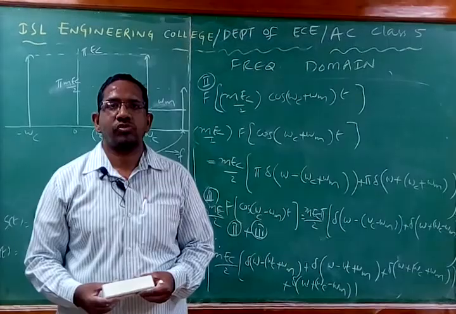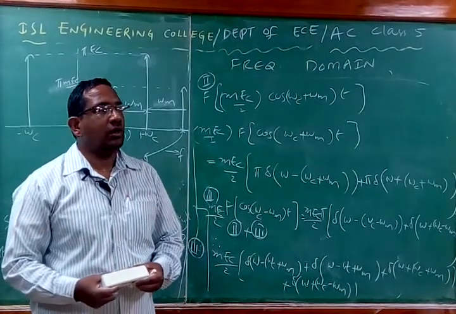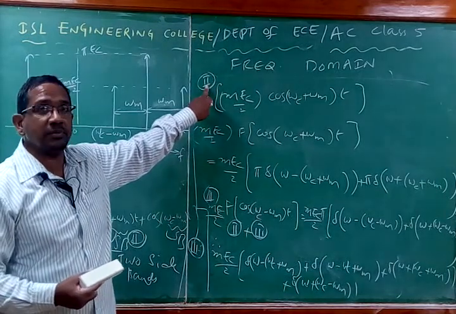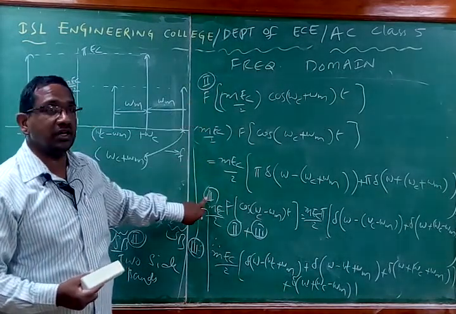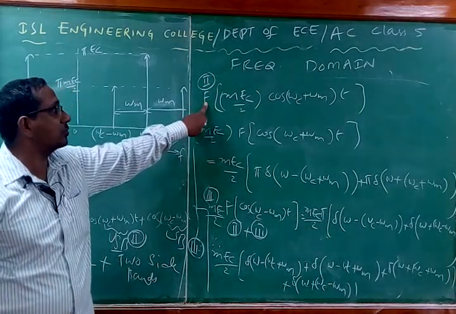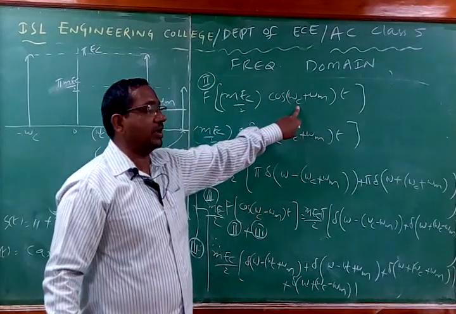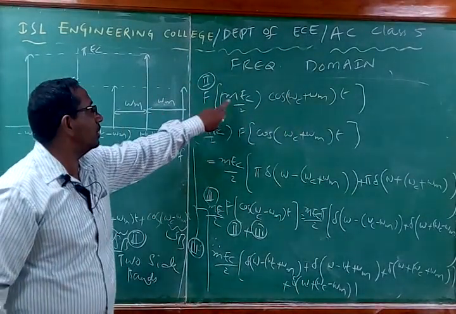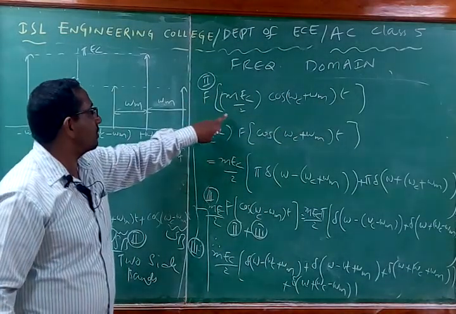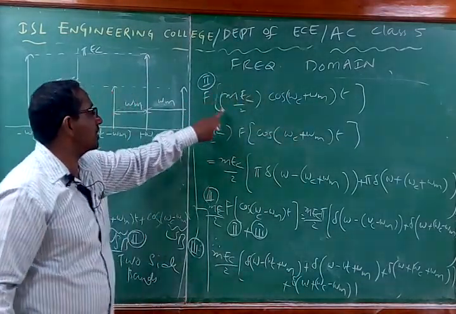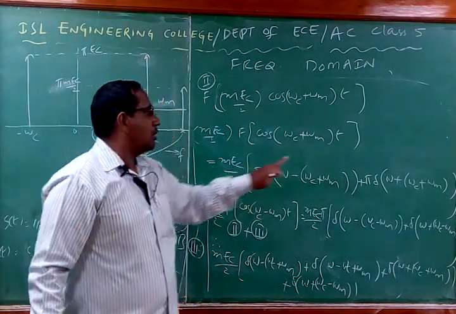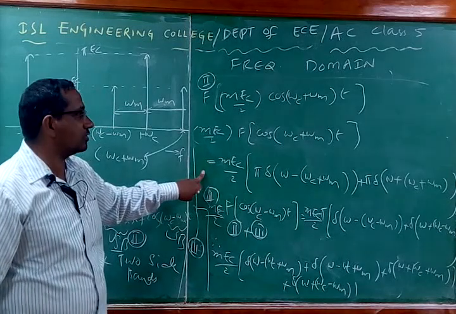Okay, right. So now let us try applying this Fourier transform to the terms in the previous equations 2 and 3. If I apply the Fourier transform to the upper sideband frequency component, we have the Fourier transform of m into EC by 2 cos of omega c plus omega m t. The m into EC by 2 is a constant parameter, so we take it outside, and we have the Fourier transform of once again a cos function. What is the Fourier transform of a cos function?